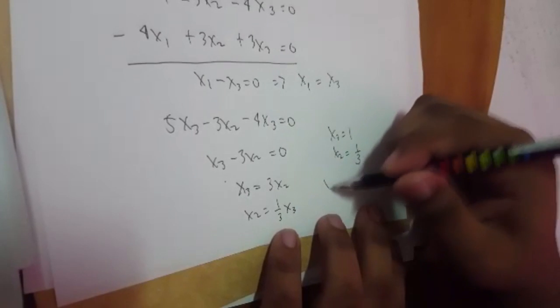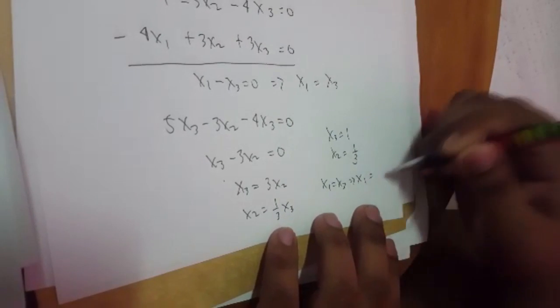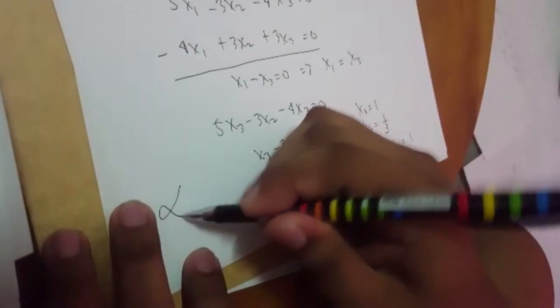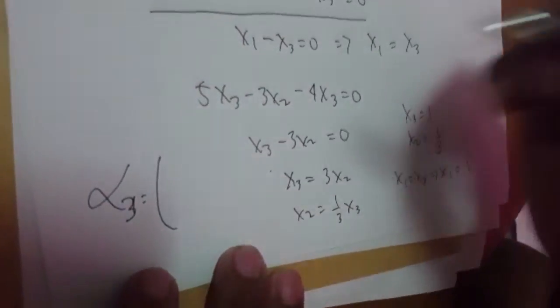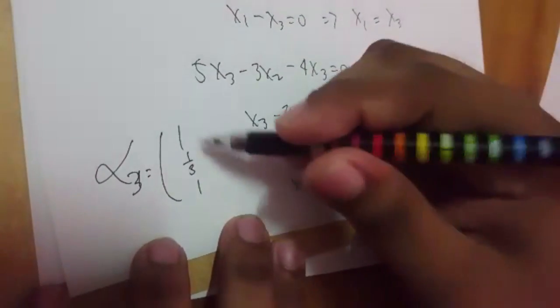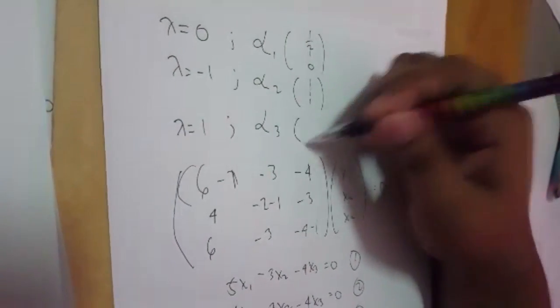And since x1 equals x3, x1 is also 1. So our third eigenvector is 1, 1/3, and 1. Now we have 3 eigenvalues and 3 eigenvectors.